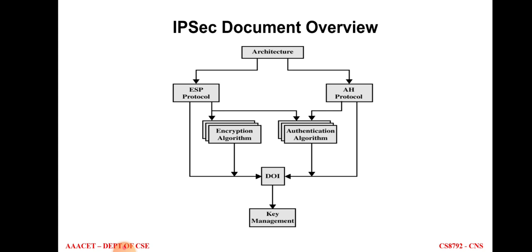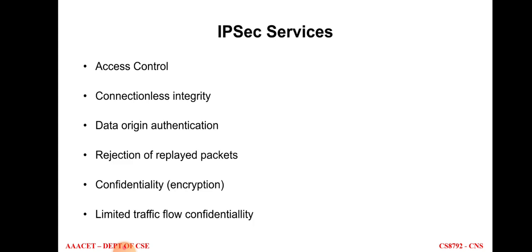IP security architecture provides services at the IP layer, the Internet Protocol layer, by enabling a system to select the required protocols and algorithms and use any cryptographic keys required to provide the requested services. So what are the services provided by IP security?